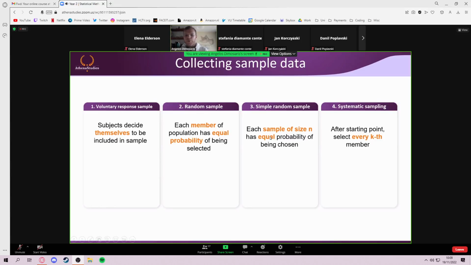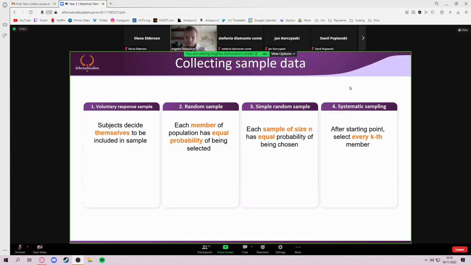So the part that says equal probability, it's exactly the same in both of these cases. And this has to do with the word random. So when a sample is random or simply random, that means that all of the things have equal probabilities of being selected or of being chosen.